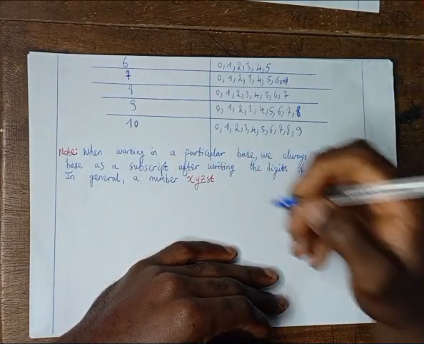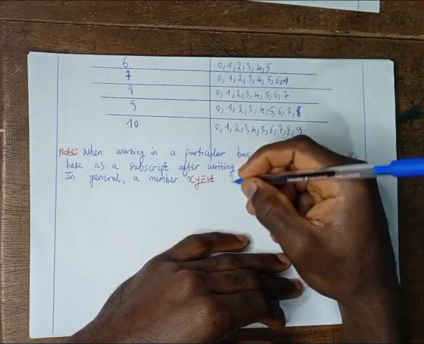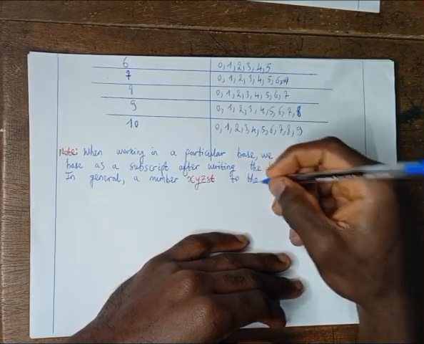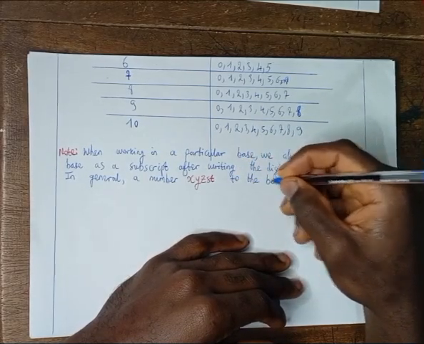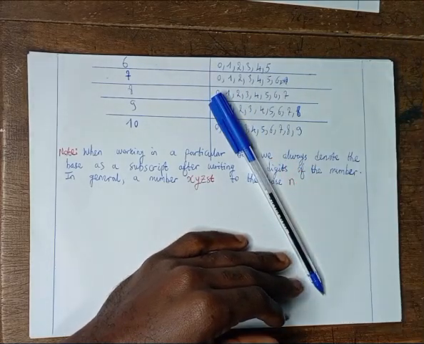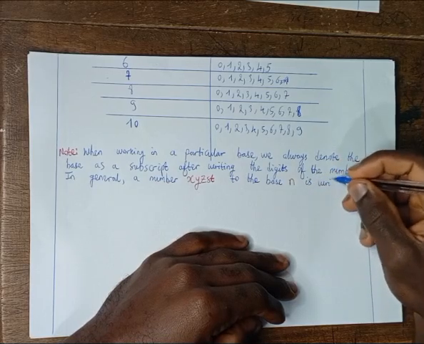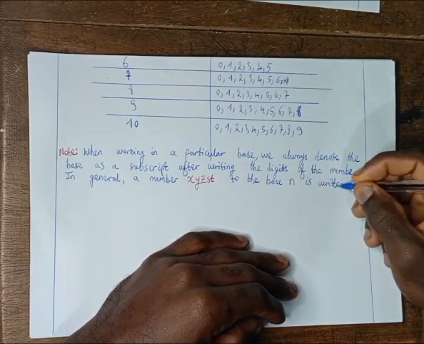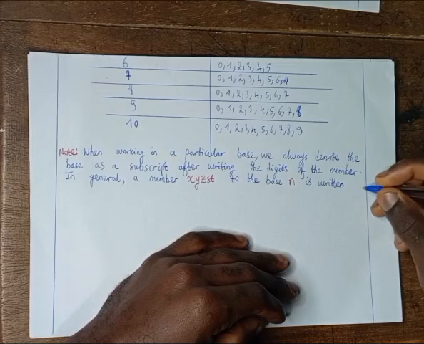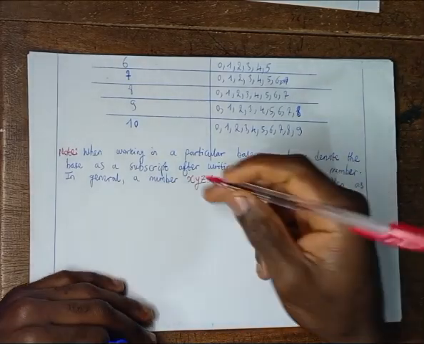A number as such to the base n is written as, this is how we write this number to the base n.